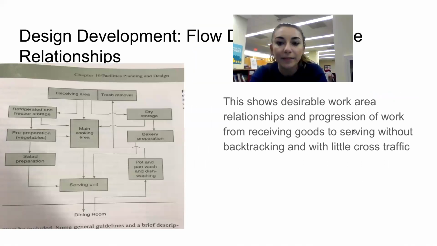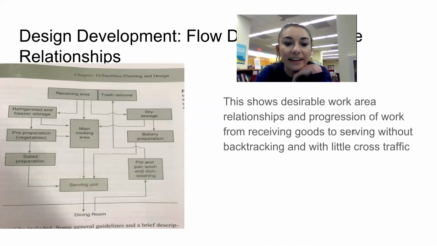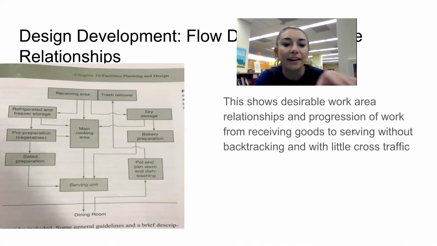There is a diagram that shows desirable work area relationships and progression of work from receiving goods to serving without backtracking and with little cross traffic. So the middle is the main cooking area, and around it is the receiving area, trash removal, and then on the sides is dry storage, bakery preparation, pot and pan wash, and dishwashing.